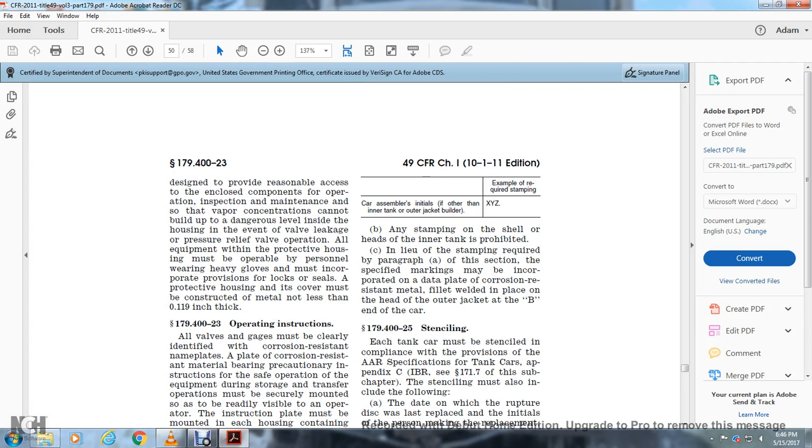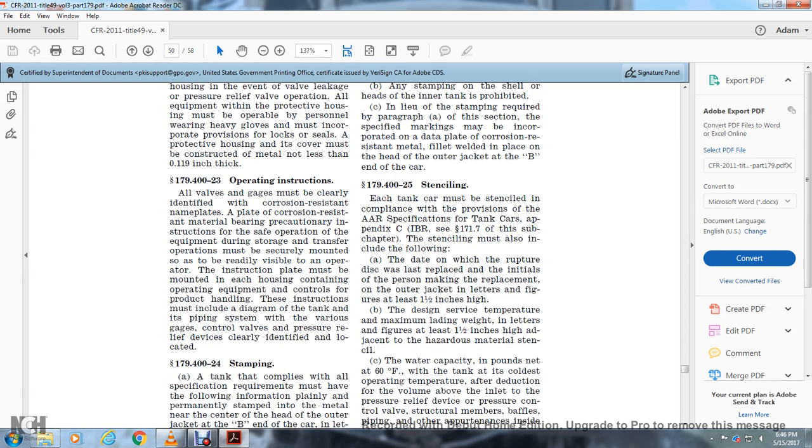Any stamping of the outer shell or head of the inner tank is prohibited. In lieu of the stamping required, the markings may be incorporated on a plate of corrosion resistant metal fillet welded in place on the head of the outer jacket at the B end of the car.